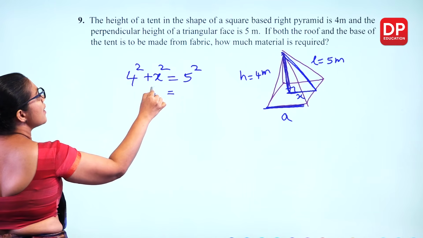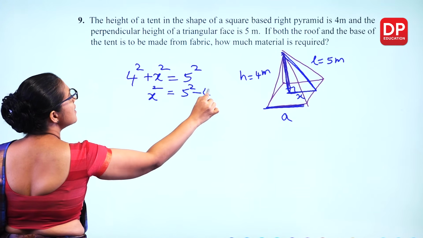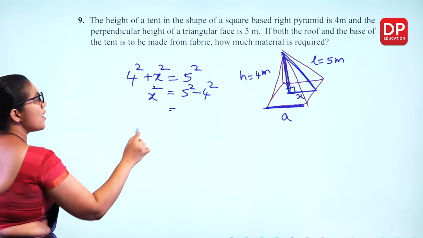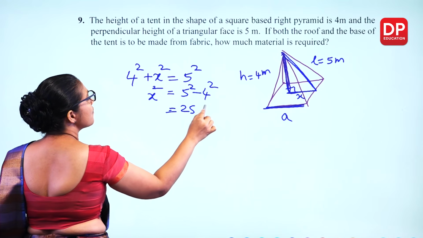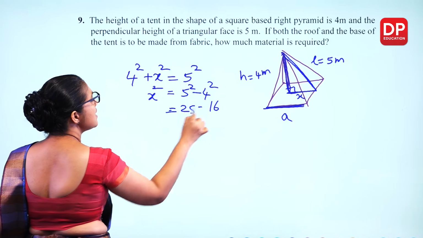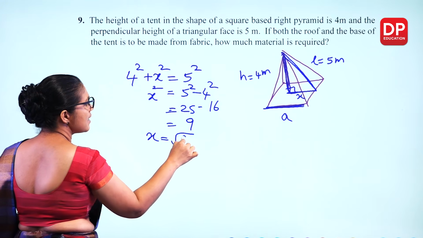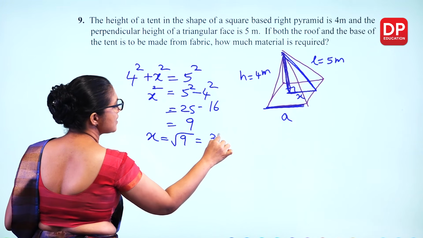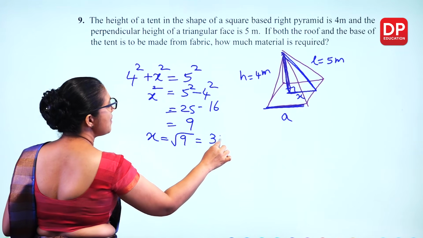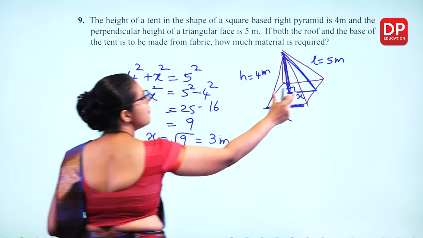So what is X squared? 5 squared minus 4 squared. So 5 squared is 25, minus 16, you get 9. When you take square root of 9, that's 3. So 3 meters for this part.